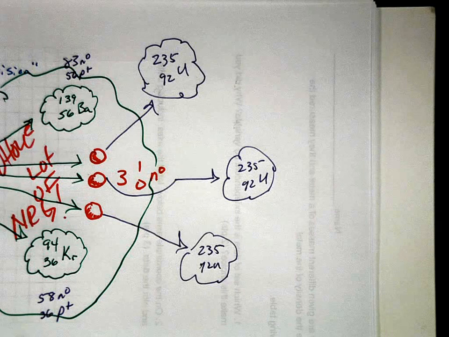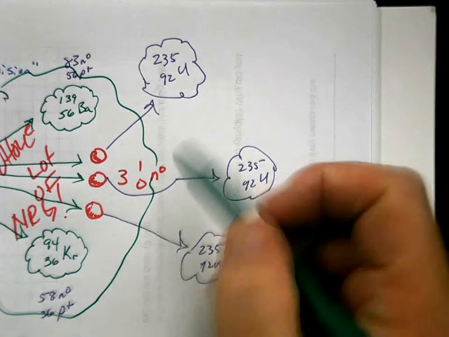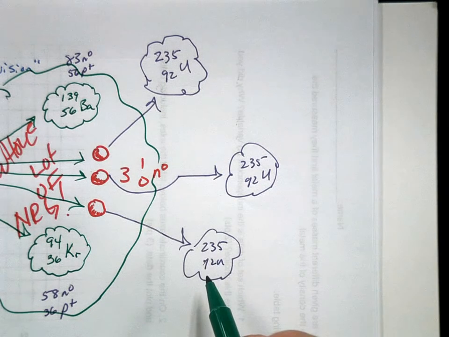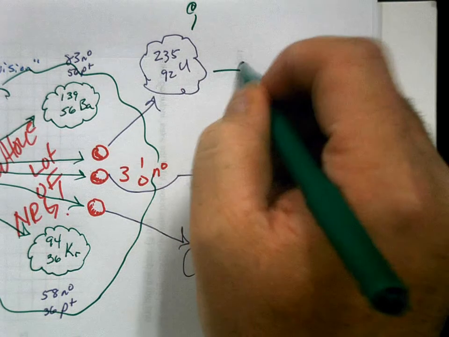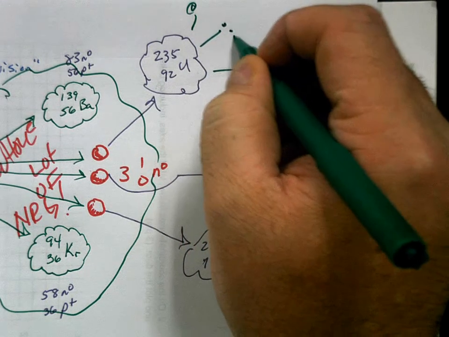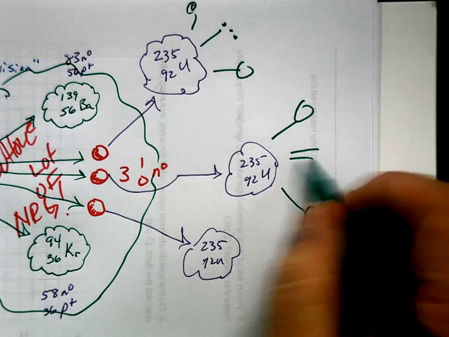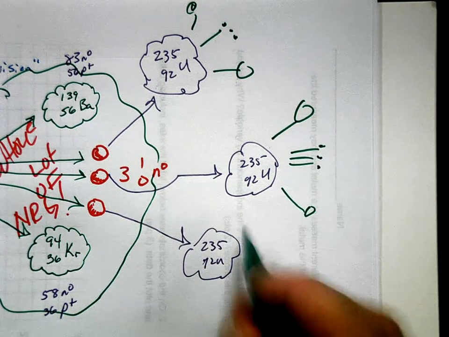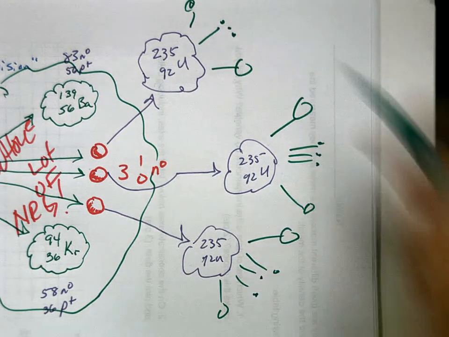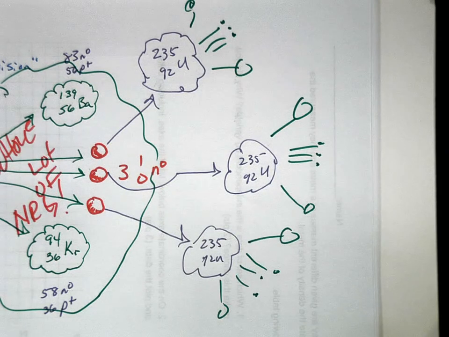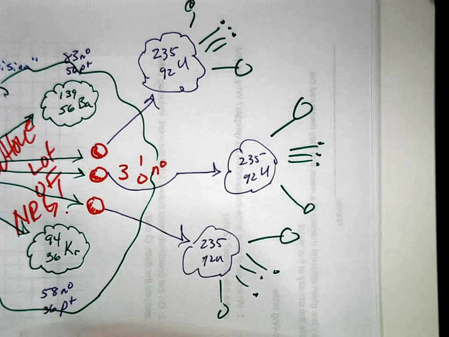Now, if all three of these guys also produce, and this one releases and produces a daughter and 3 neutrons, and this one produces a daughter and 3 neutrons, what are these 3 neutrons going to do? Okay, so now there's 9 neutrons, right?